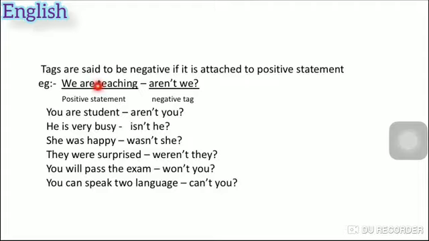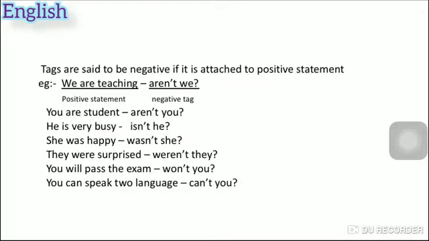The statement: we are teaching. The negative tag: are plus not, aren't, and replace the pronoun next to the helping verb. Aren't we? It's not such a difficult topic to cause confusion.